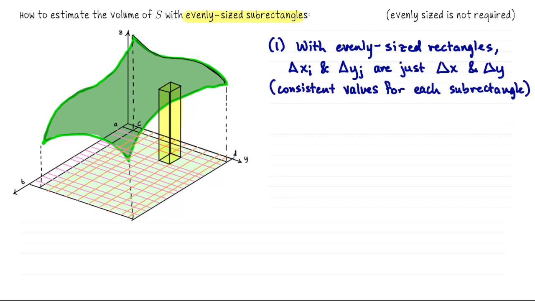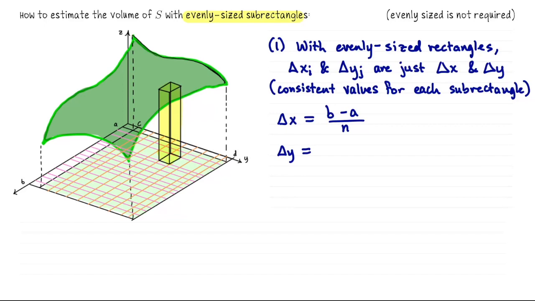So for me the first step is to compute delta x and delta y. To compute delta x, if we have n subintervals along the x-axis, we need to divide the interval from a to b into n even pieces. The width of each piece would be b minus a divided by n.